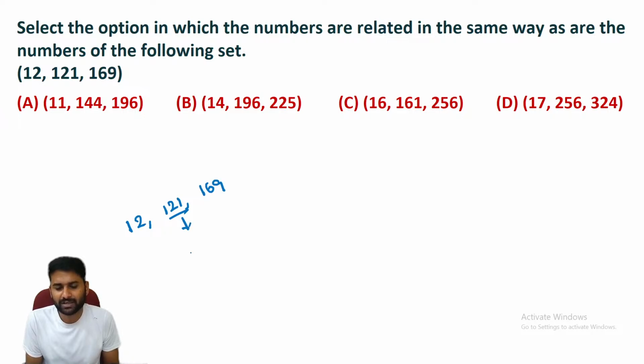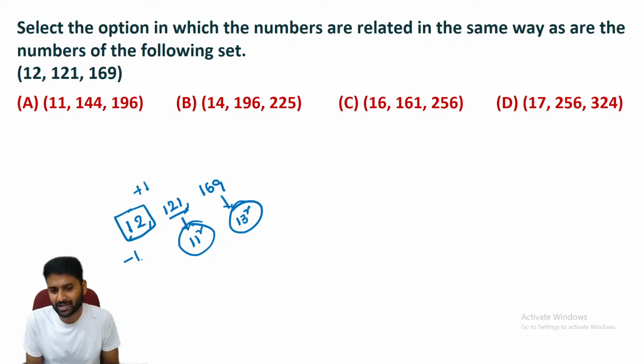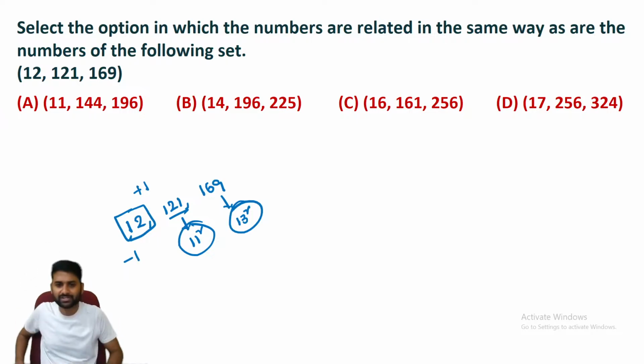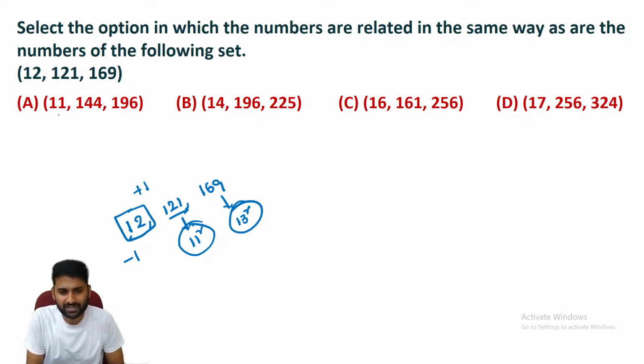You know that 121 is 11 square, 169 is 13 square. What is the relation here? Whatever the first number is, you have to add 1 and subtract 1 and consider the squares of those numbers. That is the relation. Let's go through these options.